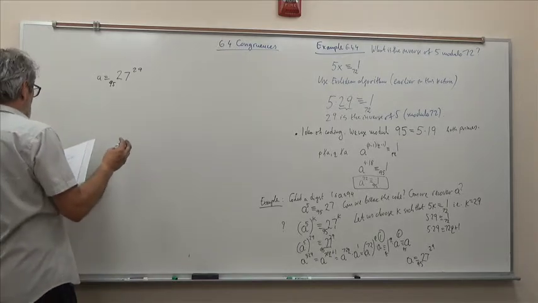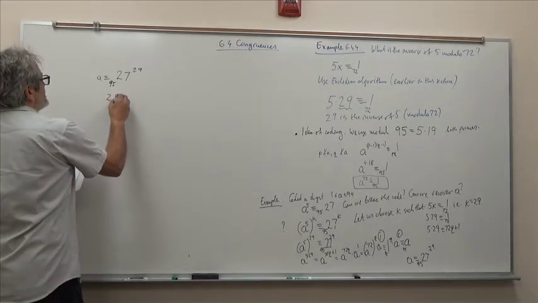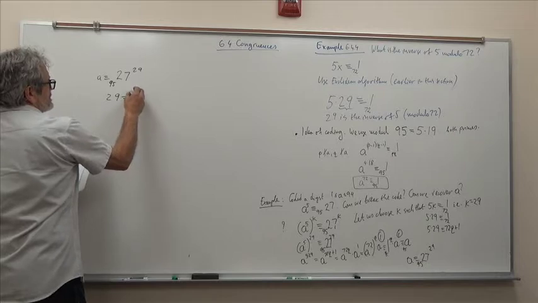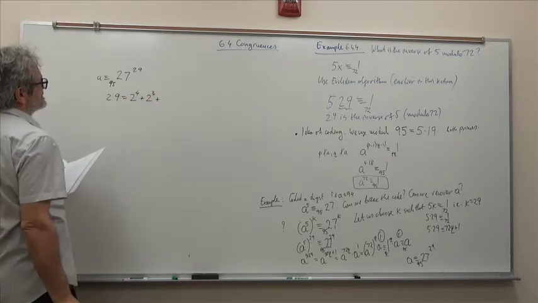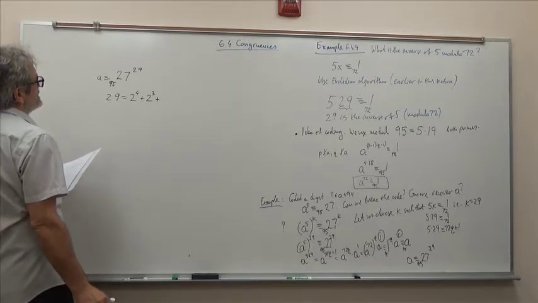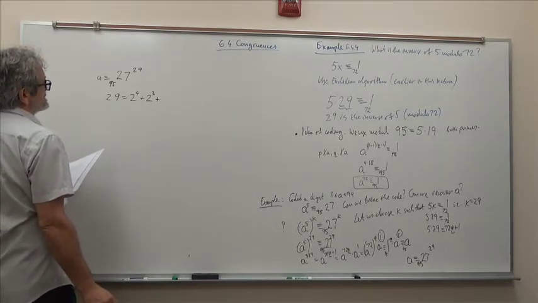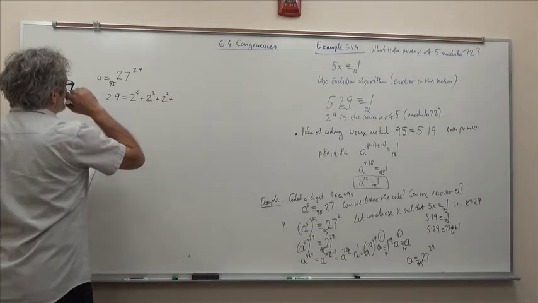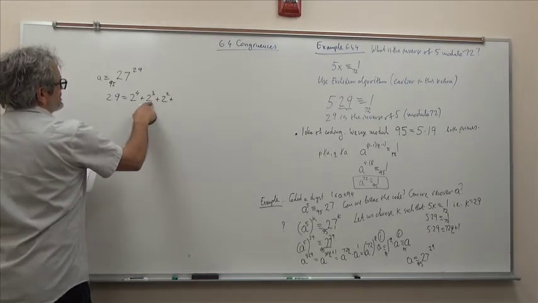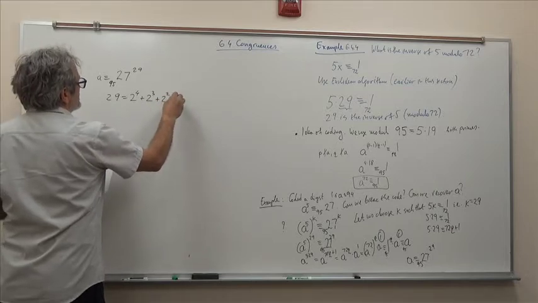So how did we do that? We write 29 as a sum of powers of 2: 2 to the 4th, which is 16, plus 2 to the 3rd, which is 8. So this is 16, 8, 24, plus 2 squared, 24, 28, and 1.